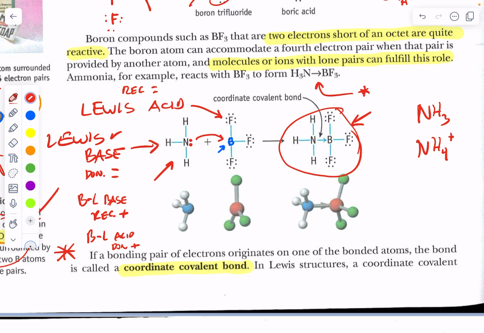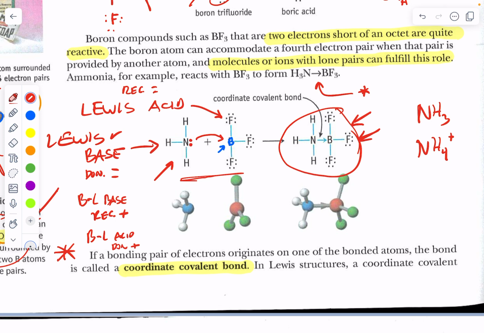So in this particular structure right here, we have ammonia acting as a Lewis base, reacting with boron trifluoride, which is a Lewis acid, and the Lewis base and the Lewis acid can react to produce this compound right over here, and now we have an octet.